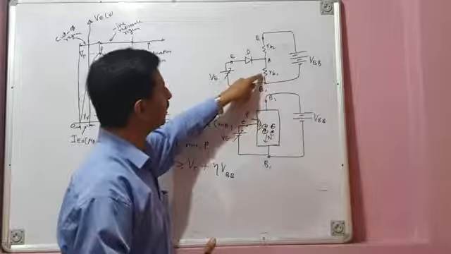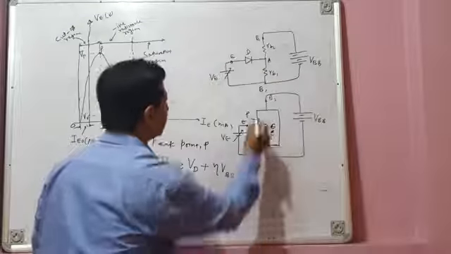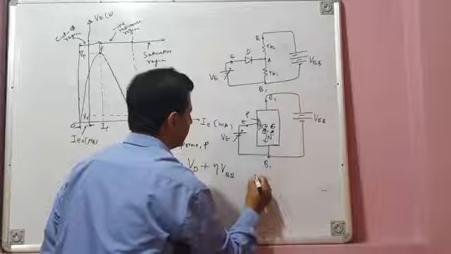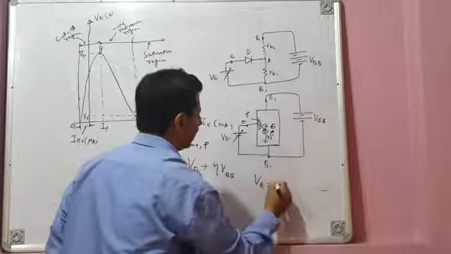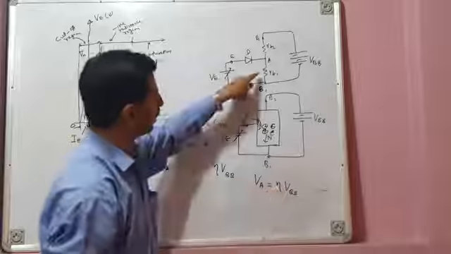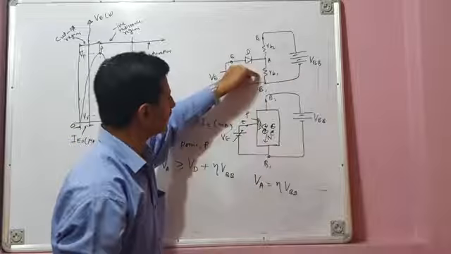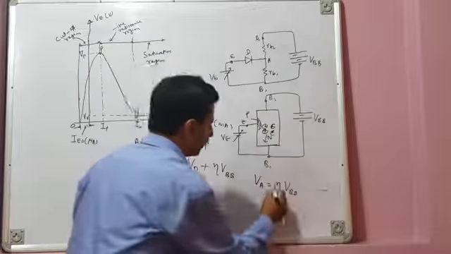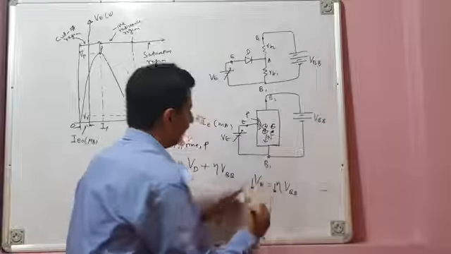And when this internal resistance decreases, we know that VA decreases, because VA is equal to eta VBB. And this eta depends upon internal resistance. As internal resistance RB1 decreases, eta decreases. And because of decrease in eta, VA decreases.